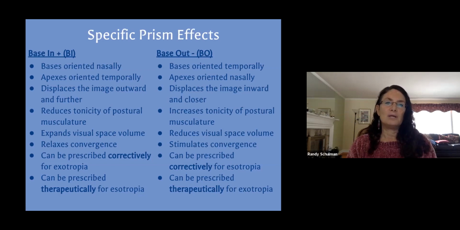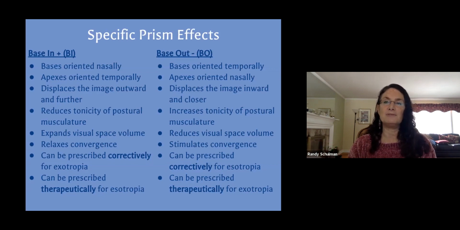That's really the base is oriented nasally, and that's going to displace the image outward and further away, but it's going to have the reduction in tonicity that you would have with the plus lens. It's also going to expand visual space volume, relax convergence as well. It can be prescribed correctively for exotropia, but it can also be used therapeutically for esotropia if we want to try to, well, you might only start with decreasing base out, but that's a base in effect.